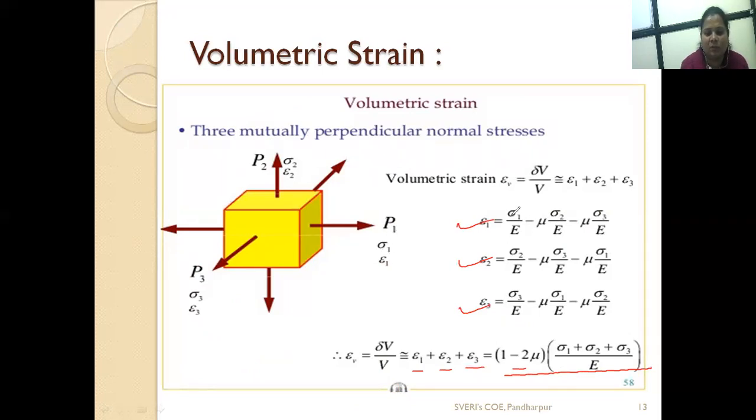This formula is just for your knowledge, so please write it down. Write fast. We will take one example of how to find volumetric strain, so you are able to understand easily.